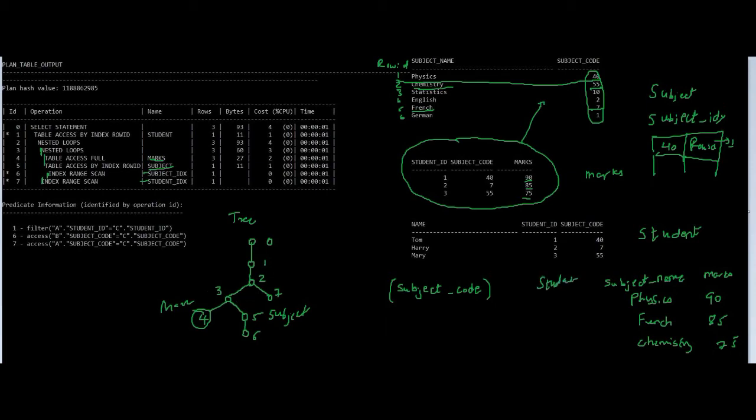But we are at point 3. There is a nested loop on the subject and marks tables. Note that the way Oracle is accessing these joins is different with index and without index, because without index, first there was a join on student and marks tables.